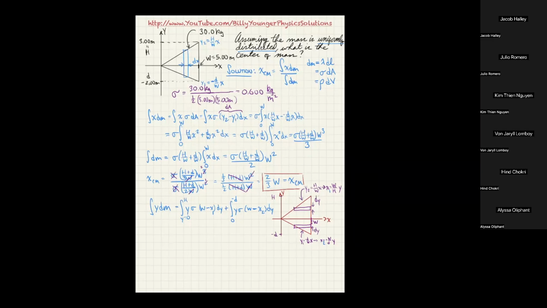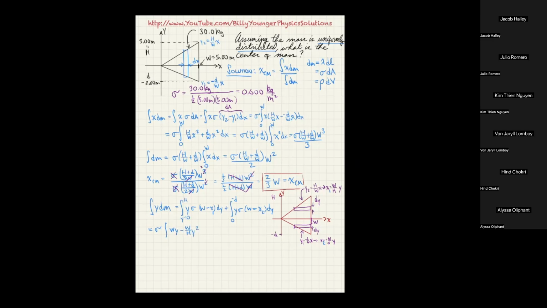So I'm going to continue on and say equals, and I'm going to pull out my sigma right there, and I'm going to integrate. In this case, I'm going to say y times w, so this is wy minus, now x1 was what we wrote at the top, so that's w over h y, so this is going to be w over h y squared, because the y was there, but I had to multiply by the other y.